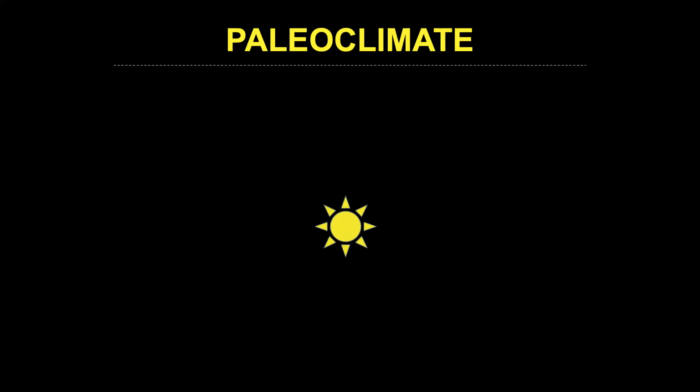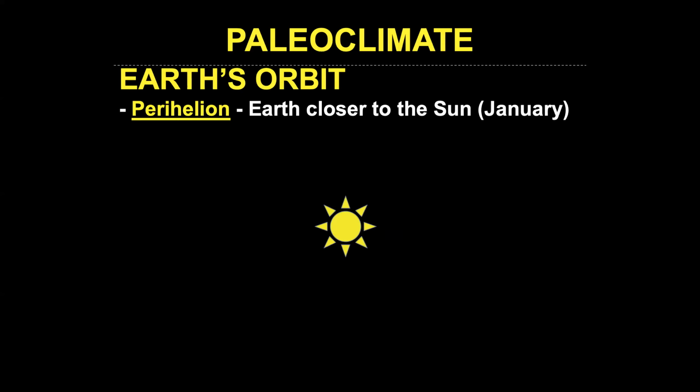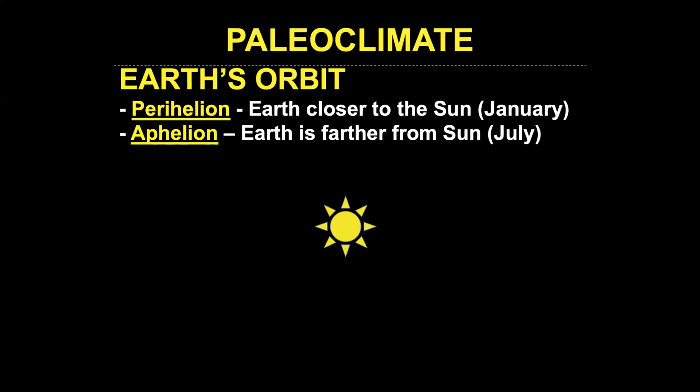Okay, so now let's look at paleoclimate from the perspective of these orbital shifts. There's the sun, beautiful graphic, isn't it? So imagine the orbit. The orbit can be mostly circular, which is what it is right now, but we're still not perfectly circular. So we're closer to the sun in January, called perihelion, and farther from the sun in July, called aphelion.